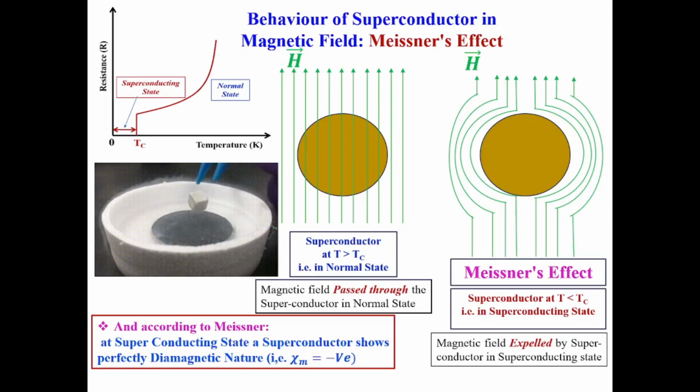If we put a tiny magnet over this, the superconductor will repel the applied magnetic field, or repel this magnet, or you can say expel the magnetic field lines produced by this tiny magnet.